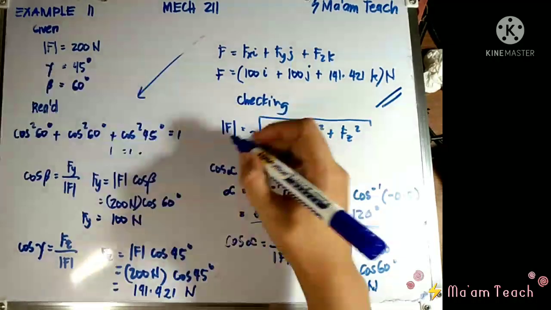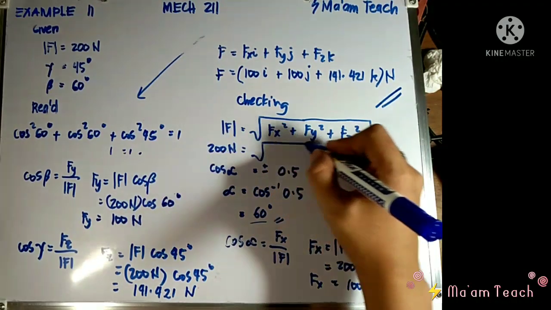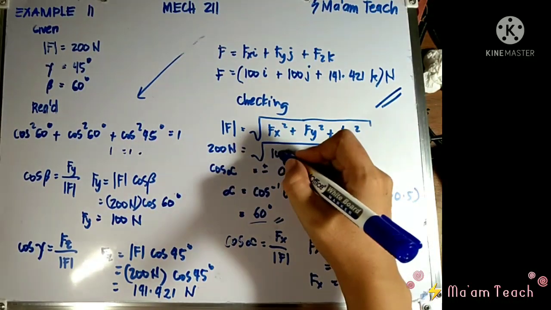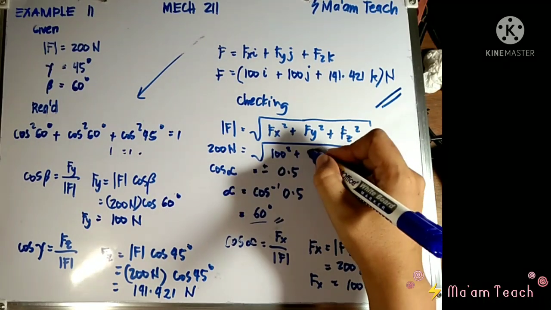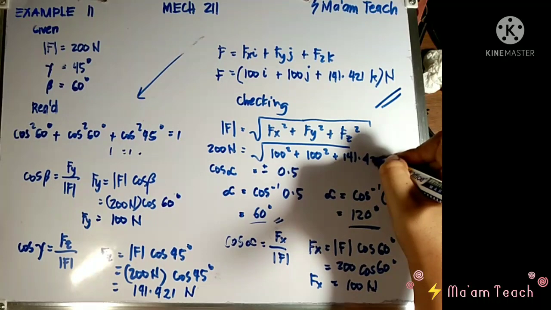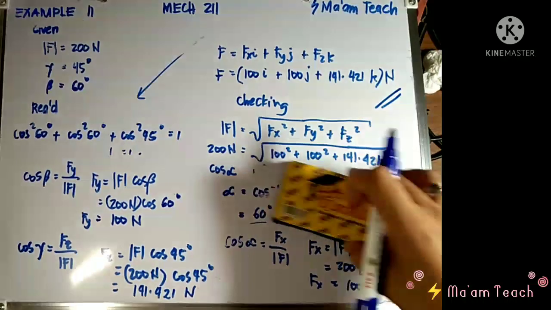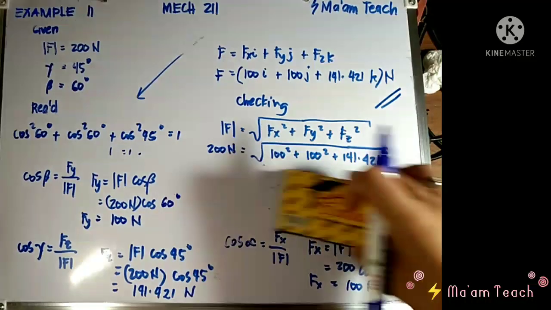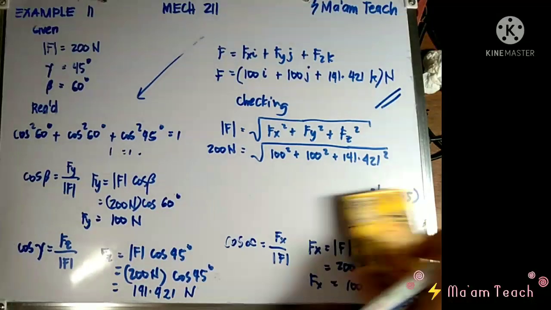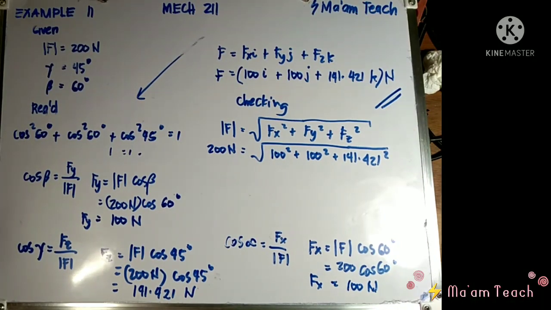Since our given is 200 Newtons, it should be equal, class. So we have here 100 squared plus 100 squared plus 141.421 squared. We have to check if it will be equal to 200, because once that is not equal, our answer is wrong.